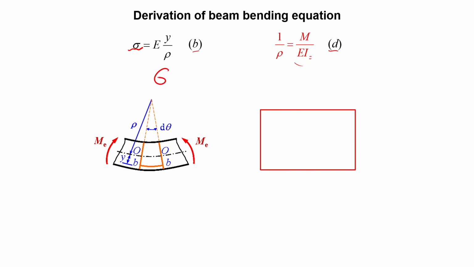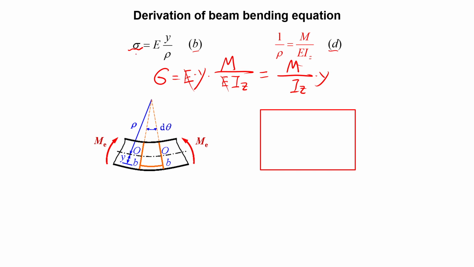Let's just do it here. We know sigma is E times y, and 1 over rho is replaced by M over EIz. So the final result is that E is cancelled, and essentially it is moment over Iz times y.